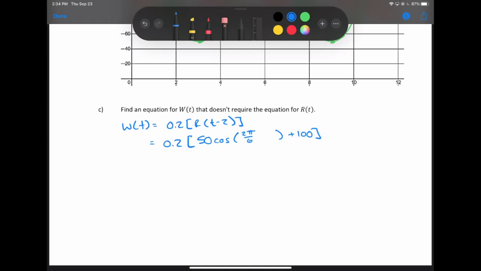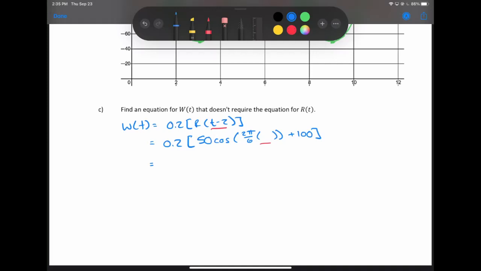Oh, and I realize I just messed up my graph, but we'll fix that in a moment. Okay. Here where we had the t before, we no longer have a t, we have a t minus 2.